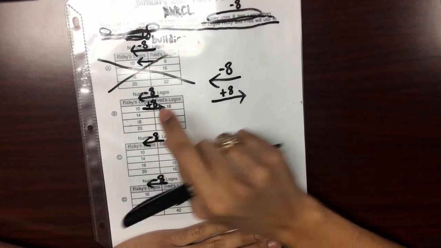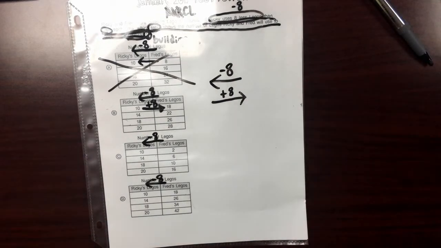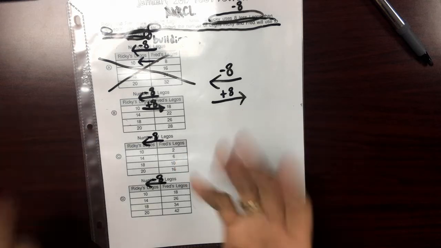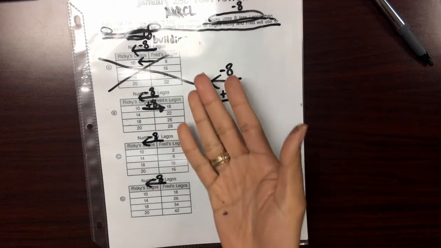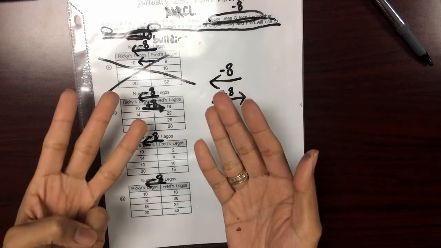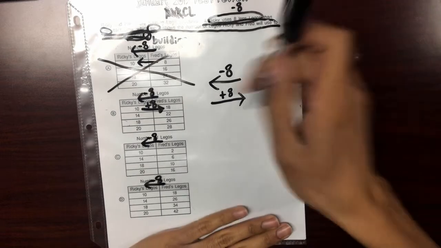So 10 plus 8. Let's see if that equals 18. Let's put the 10 in our brain, hands off, and then count on with our fingers 8 more. Okay? So 10, 11, 12, 13, 14, 15, 16, 17, 18. Is that true? Yes. Go ahead and do the next one to yourself.